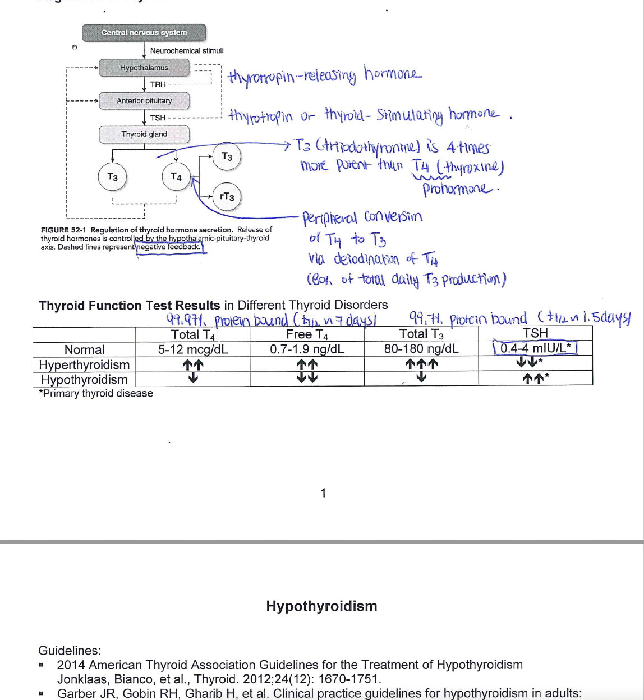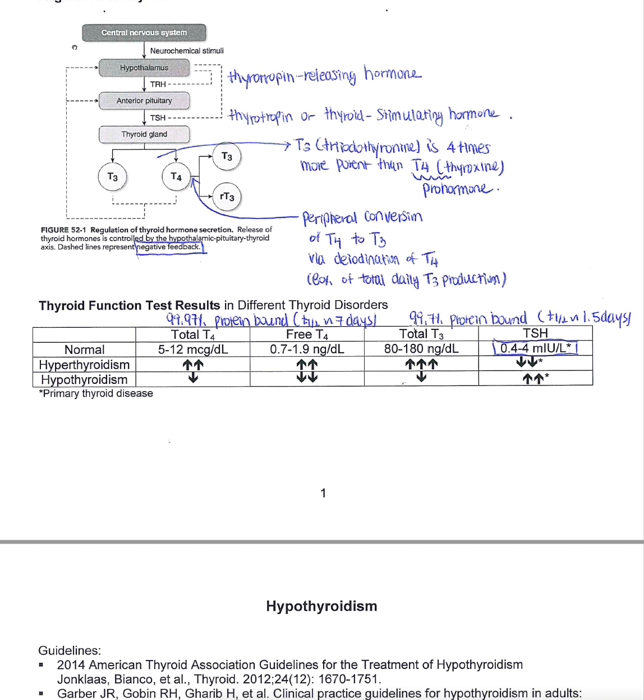One thing to note here is T4 is really tightly bound to protein, about 99.97%. Almost everything is bound tightly, which makes its half-life very long, about 7 days, compared to T3.